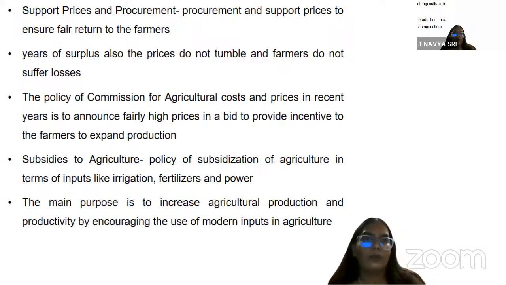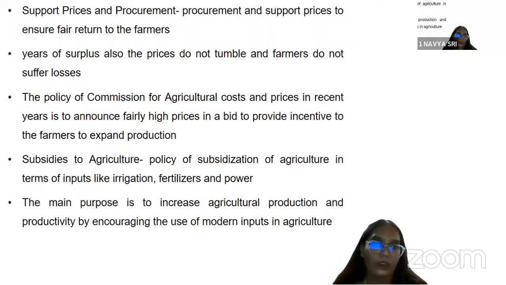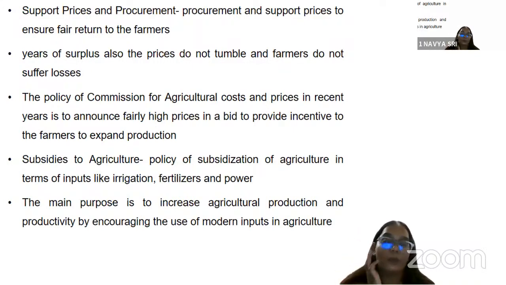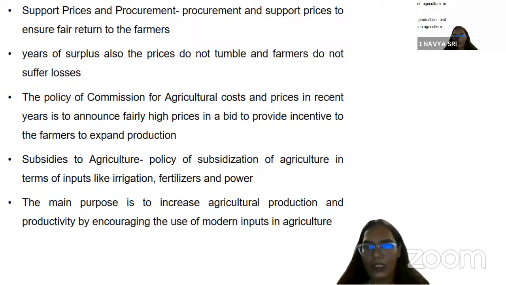So farming was mainly established to cycle the economy or flow the money into it. But this procurement has been done not at better prices, or if it's done at more than the prices it's supposed to be bought at, then it is creating a burden on the government.